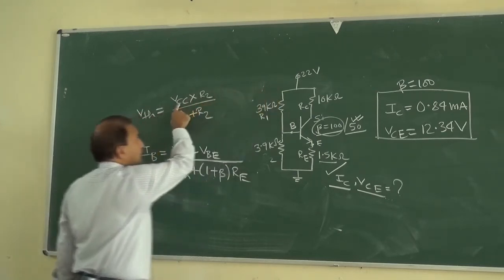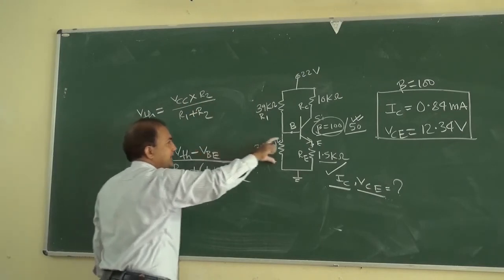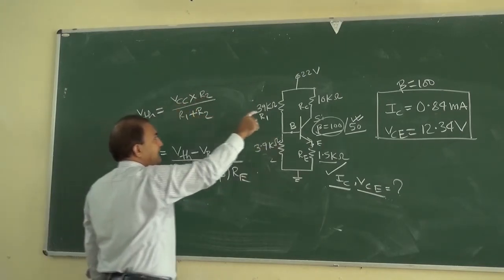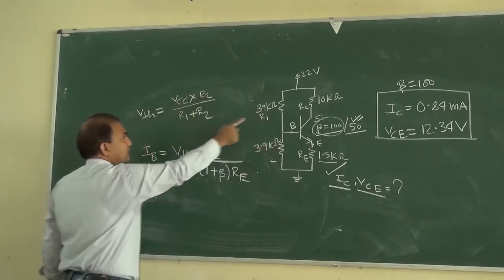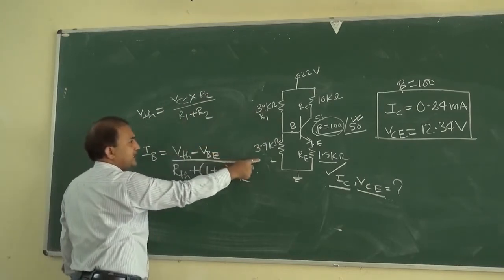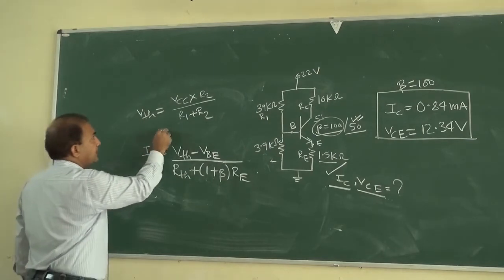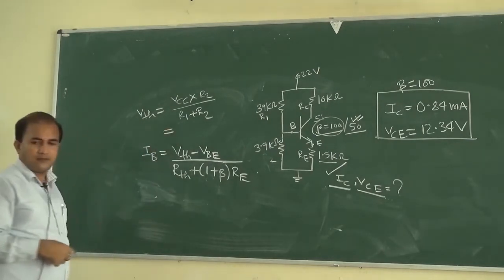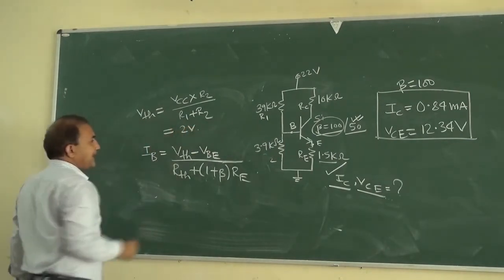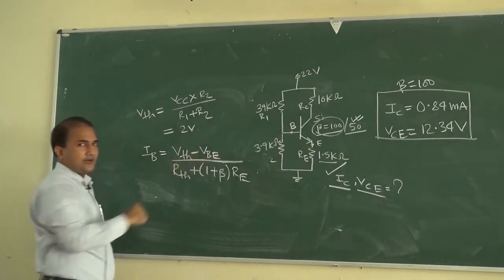VCC is 22 volt, R2 is 3.9 kilo ohm, R1 is 39 kilo ohm. So it is the same, 2 volt, and VBE is again 0.7 volt.